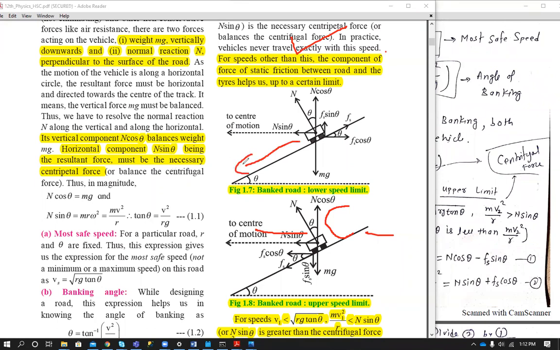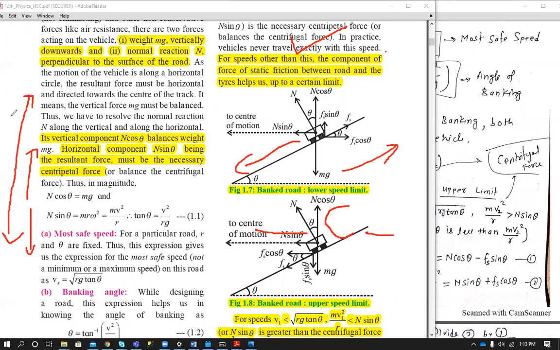As it is moving towards the inner edge, the frictional force felt by the tires of the vehicle will act in the upward direction. Always remember, if we move forward, the frictional force acting on your foot will be in the opposite direction, because frictional force is a self-adjusting force. If we move forward, frictional force will act in the backward direction. If you move backward, then frictional force will act in the forward direction.